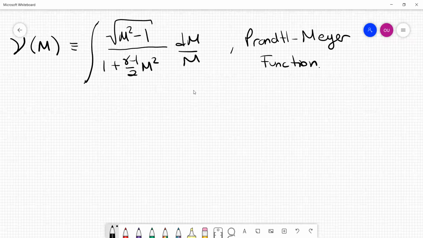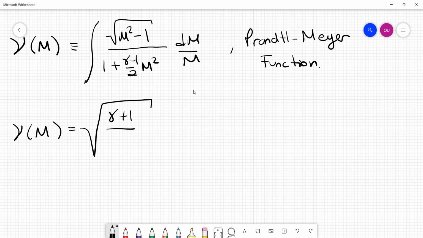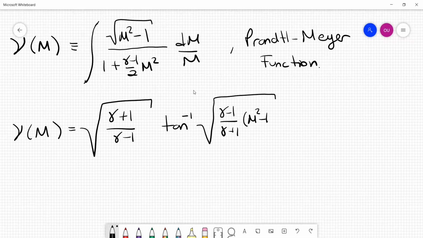When you integrate it, this function turns out to be nu(M) equal to the square root of (gamma plus 1) over (gamma minus 1) multiplied by arctangent of the square root of (gamma minus 1) over (gamma plus 1) times (M squared minus 1), minus arctangent of the square root of M squared minus 1. So this is what you get after the integration, the actual equation for the Prandtl-Meyer function.